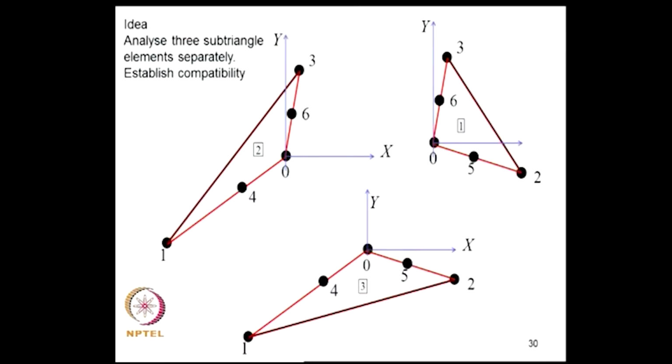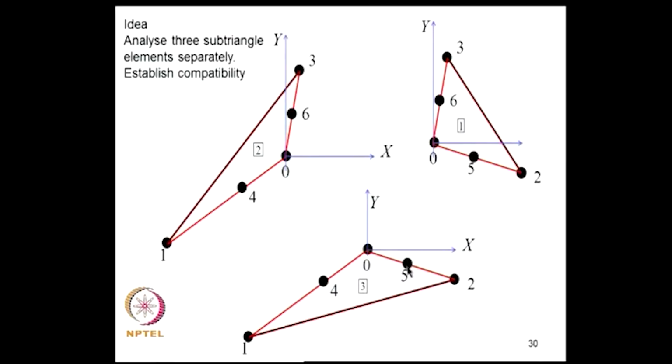From 27 equations we should arrive at 9 equations, so 18 equations need to be eliminated. 15 are obtained by considering compatibility at 1, 2, 3 and 0. The remaining 3 are obtained by demanding that the normal slope along edge 0, 1 at point 4 matches for elements 3 and 2.